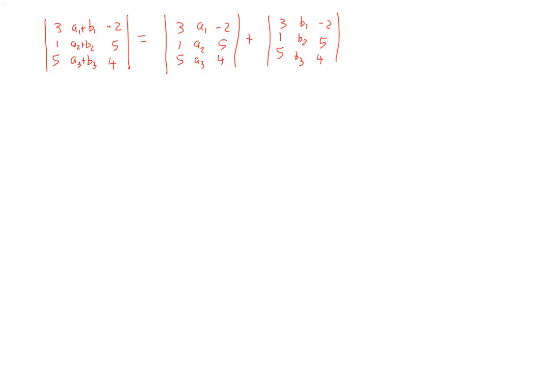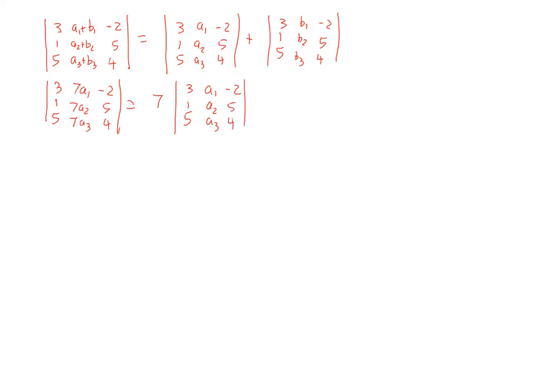Be careful. Don't try to do anything similar to what you do when you add matrices. And the same thing holds if the row or the column is multiplied by a specific number. Let's say you have 7A1, 7A2, 7A3, and then you have the other columns. This is going to be 7 times the determinant with A1, A2, A3. So you can factor out a number if a whole row or column is multiplied by it.